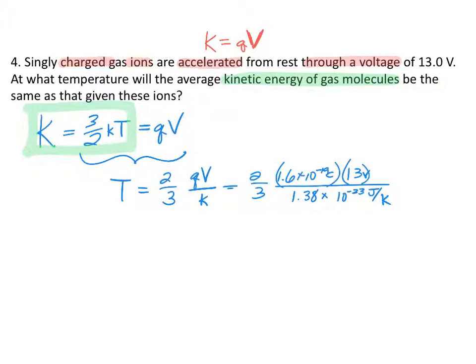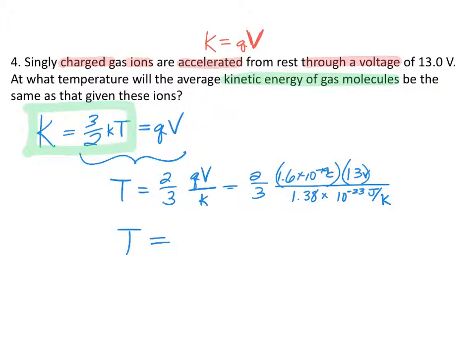The volts is going to be joules per coulomb. That'll kill the coulombs. So just to be clear here, this volt times that coulomb, since a volt is a joule per coulomb, gives you joules. And then that joules over this joules is no joules, and that K comes up to the top. Hence you get Kelvin. All right, so just a little unit analysis, just to be clear.